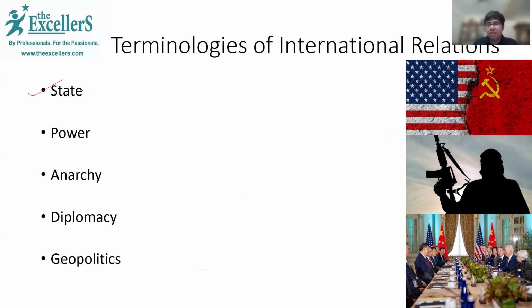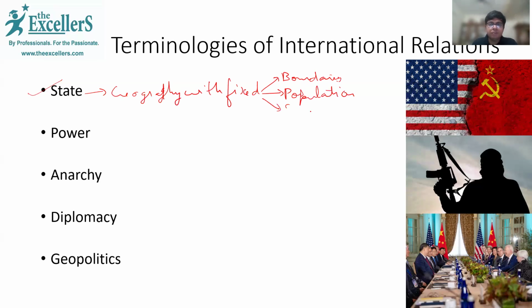Any state, any region, any geography with fixed boundaries, then fixed population, has sovereignty, that is the ability to self-rule, and has the ability to have foreign relations with other countries, other companies and all, that is foreign relations.